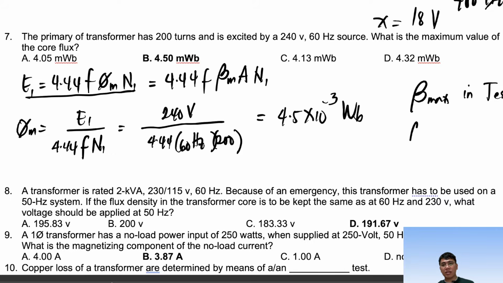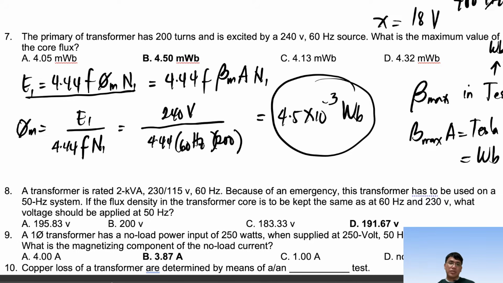So if beta max is multiplied by area, which is Tesla times meter squared, we get Weber. Therefore, Tesla is usually in Weber per meter squared. Weber per meter squared is equal to Tesla.